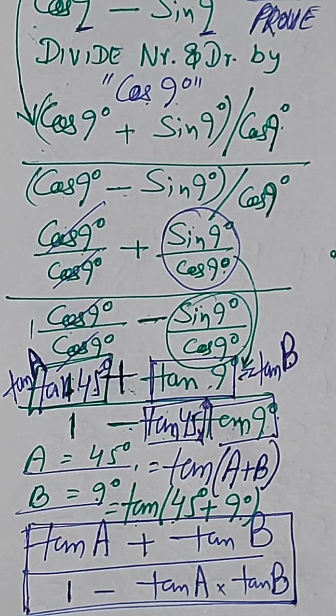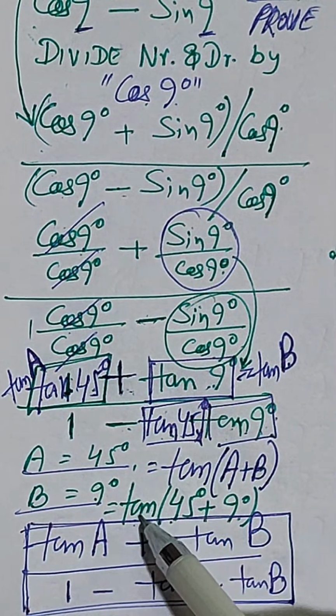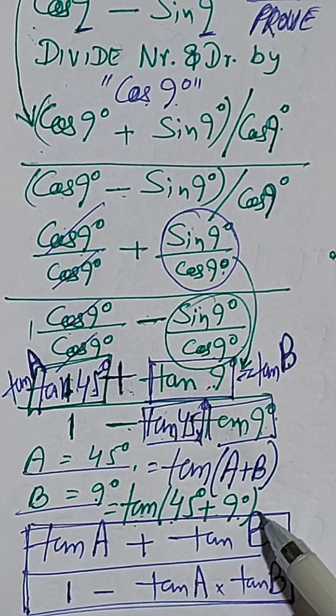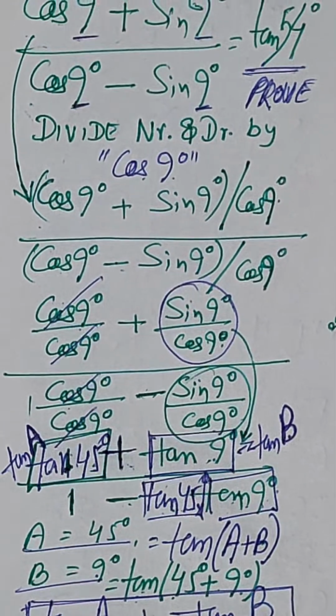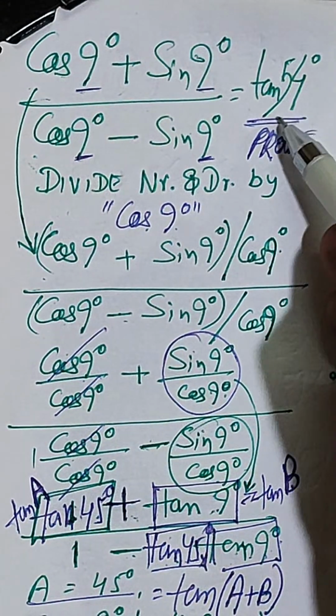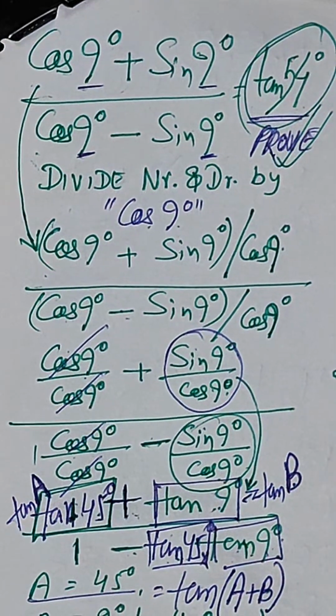So that's why we can write the above expression as tan(45 + 9 degree), which is nothing but equal to tan 54. So tan 54 is what we set out to prove. Here you can see, in this way this is proved. How?